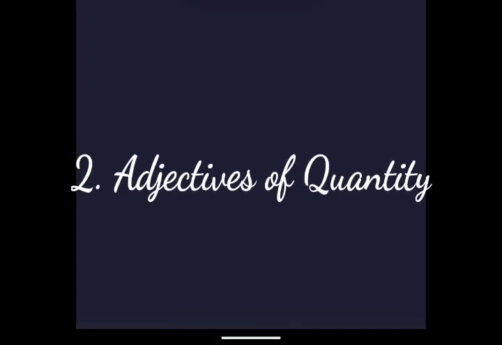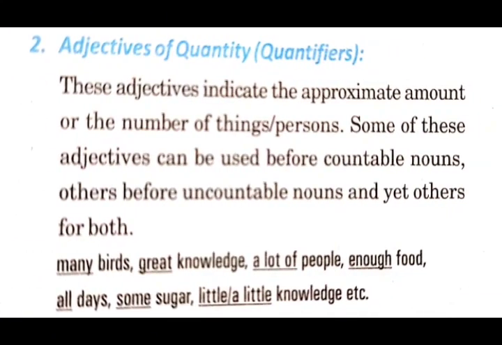Now the second type is adjectives of quantity. These are known as quantifiers also. So something that indicate the approximate amount or the number of things or persons. Means something that tell us about the quantity of something, that in what amount it is present. Those adjectives are known as adjectives of quantity or quantifiers.